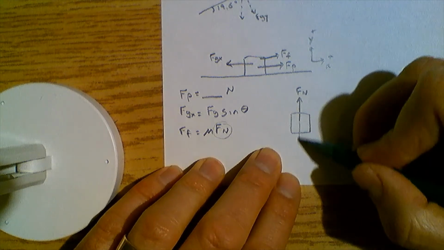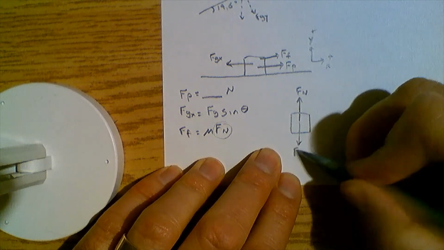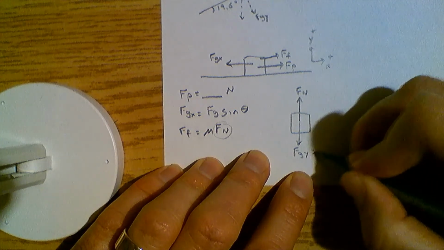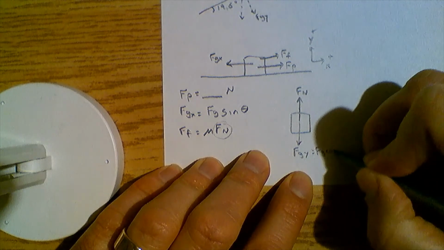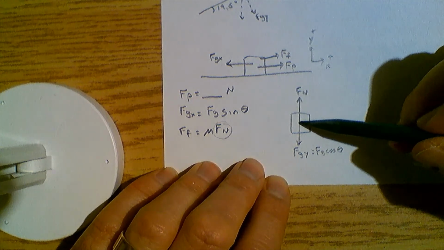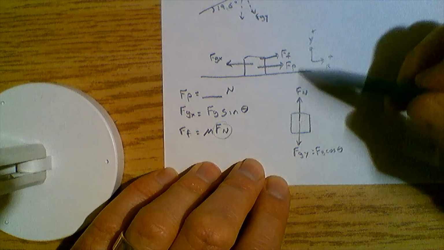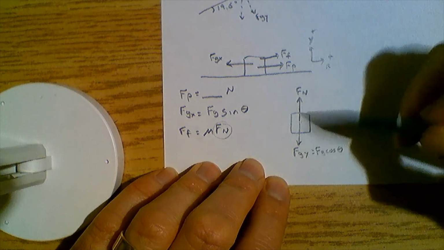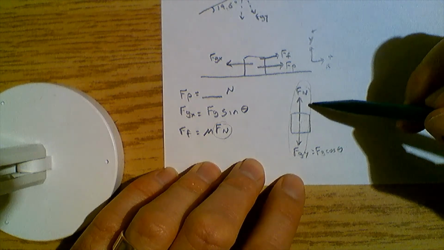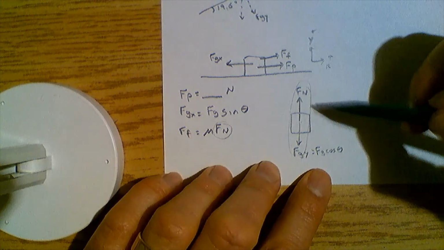And the only force other than that acting in the y-axis is Fgy, which is equal to Fg cos theta. And since we know that the mass is not accelerating perpendicular to the ramp, these two forces must be in equilibrium, so they must be equal to each other. So Fn is equal to Fg cos theta.